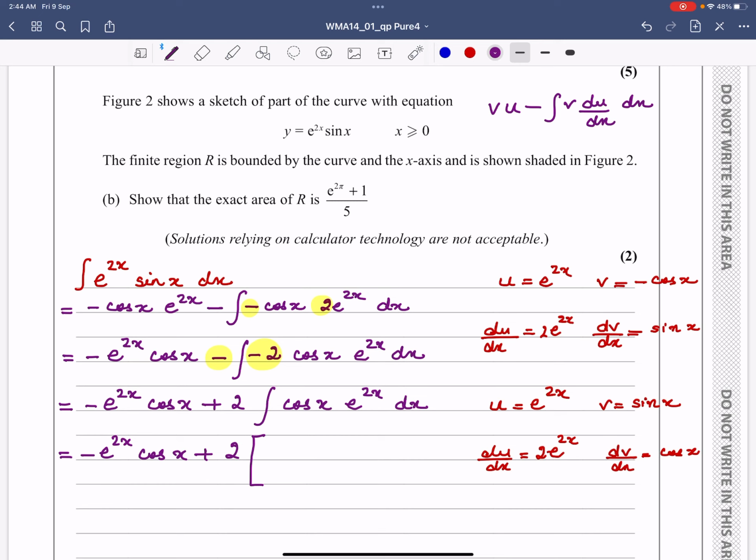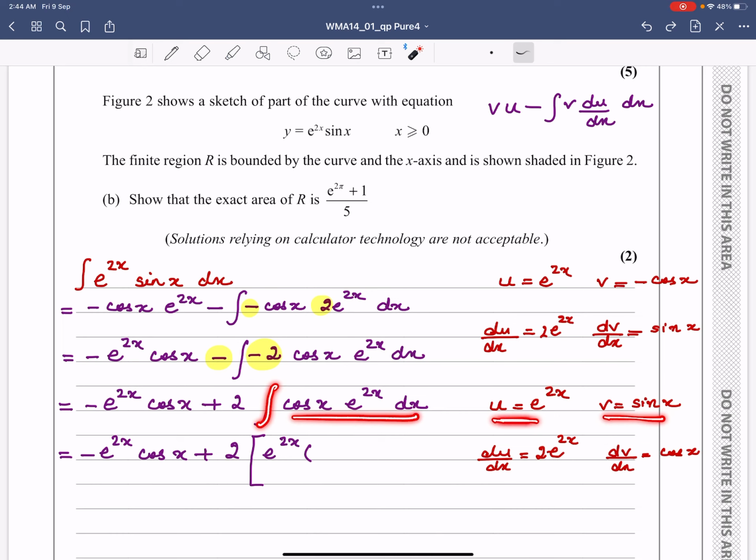So according to my formula, u into v, that is e to the power of 2x into sine x, because we are integrating this one here.